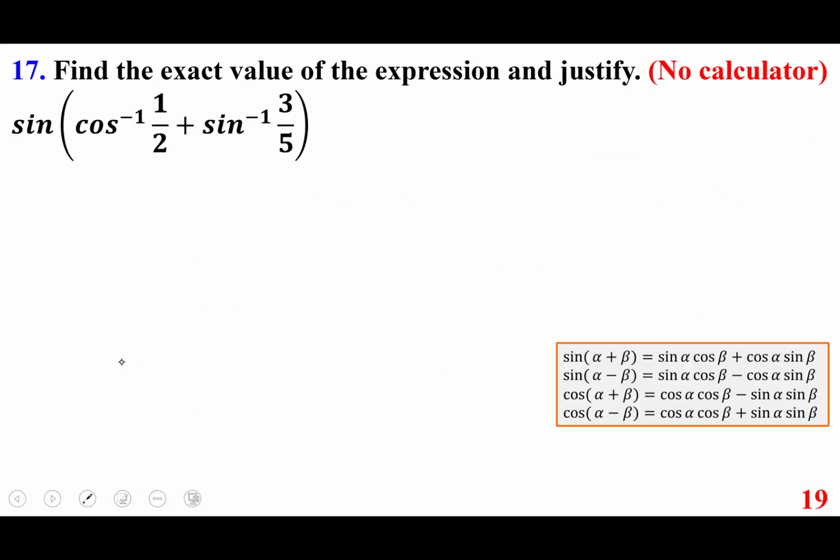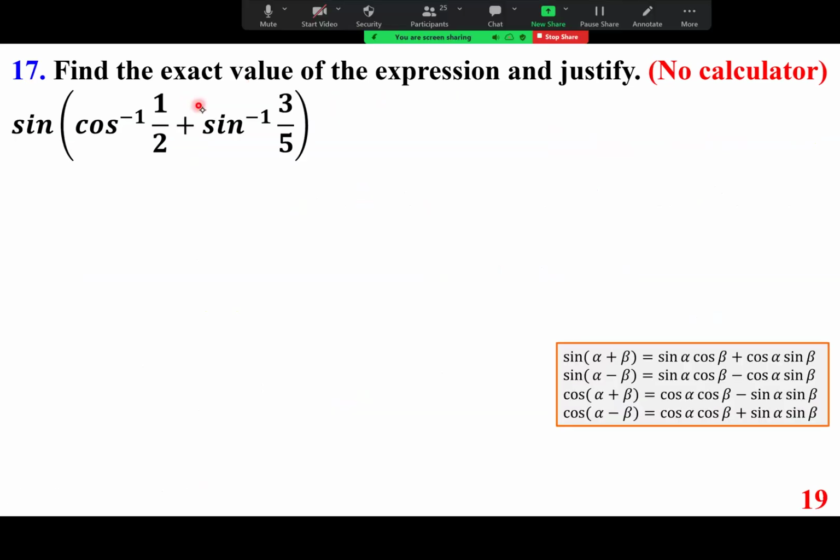Find the exact value of the expression sine of cosine inverse of 1/2 plus sine inverse of 3 over 5. Please understand that this is an angle, this is an angle. So if you call this alpha, if you call this beta, you want sine of alpha plus beta in essence. So we're going to set this one equal to alpha. And by definition, cosine alpha is 1/2, and it's in the first and second quadrant.